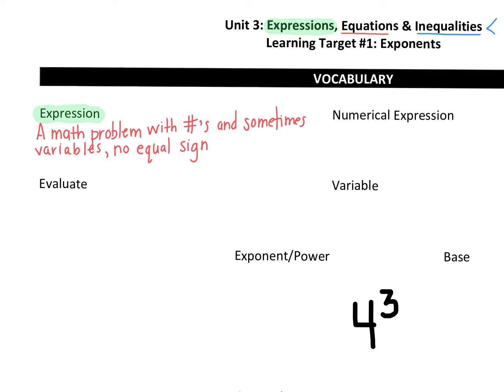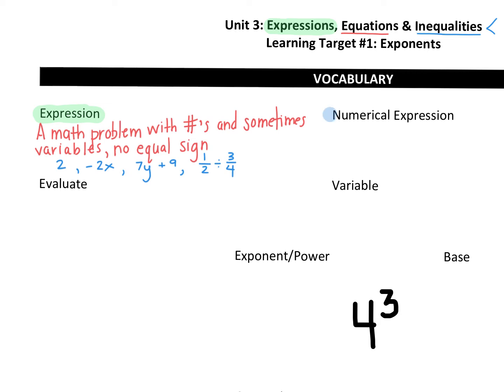For instance, you could say 2 is an expression, or negative 2x is an expression, or even 7y plus 9 is an expression, or even something as simple as 1/2 divided by 3/4. All of those are expressions because they don't have equal signs. They're just a problem that some have variables and some do not. So kind of keep that in mind.